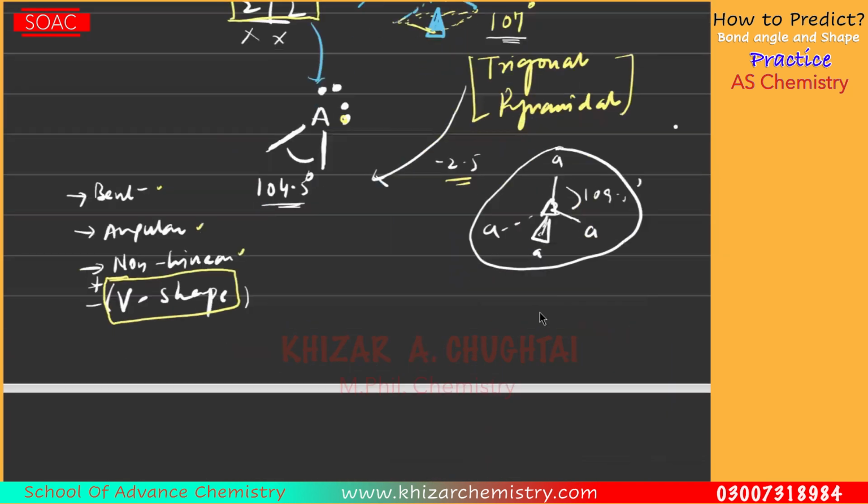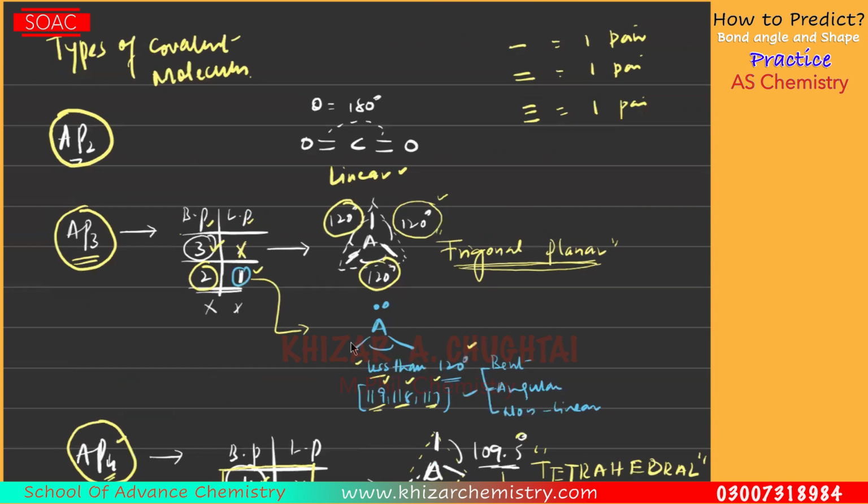Or the second option is, if you are left with only 2 bond pairs, just have a look over here in this structure. The bond angle is not 180 degree, then the shape may be bent, can be written as angular shape, and it can be called a non-linear shape.